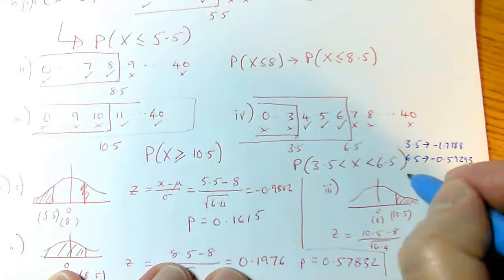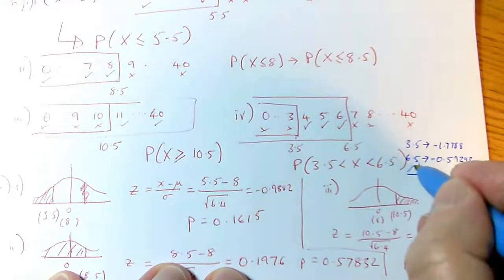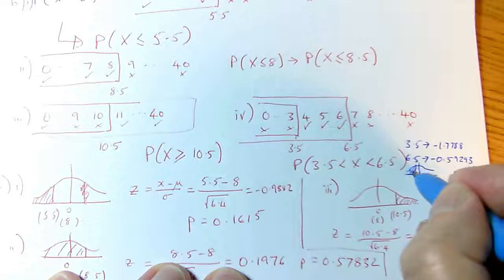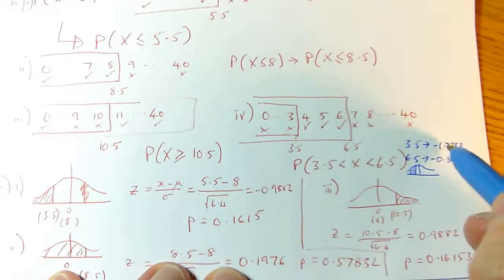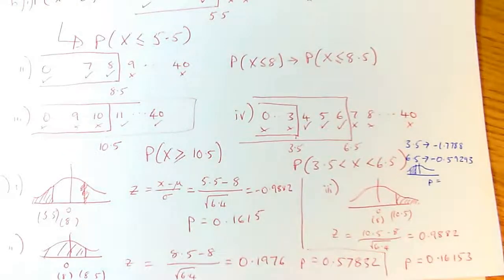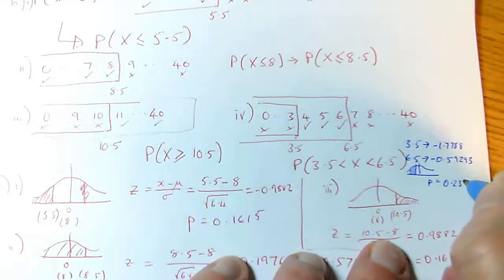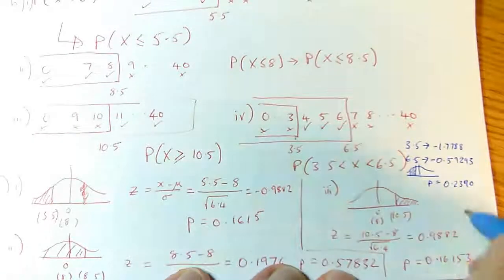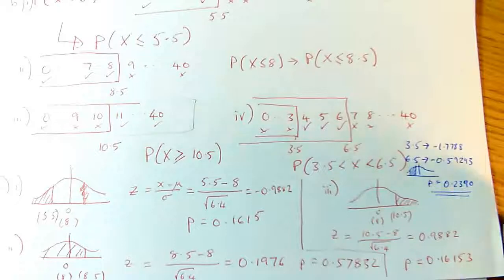Okay, and your diagram for these should look like, your mean in the middle, these are both negative Z values, so it should look like this, but we're going to be using the lower one, the bigger negative one as the lower, and the other one as the upper, and you're going to get a p-value as your answer of 0.23897. Okay, so that bit in blue should not look like that. It should be done properly, just like the bits we did in red.